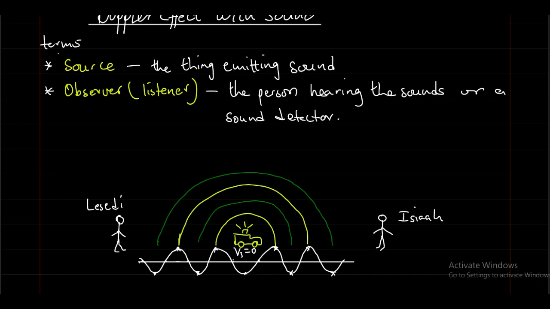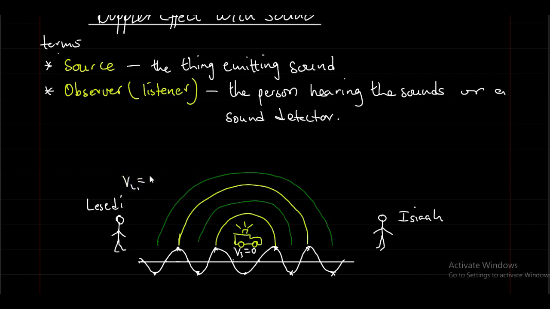On the other side of the traffic light, there's observer 1, which is Lesedi. Lesedi is also not moving, stationary, with velocity VL for velocity of the listener. Let me name it VL1.